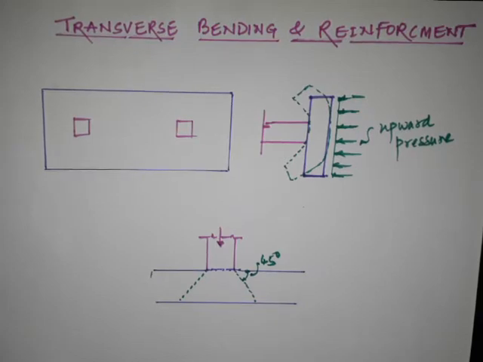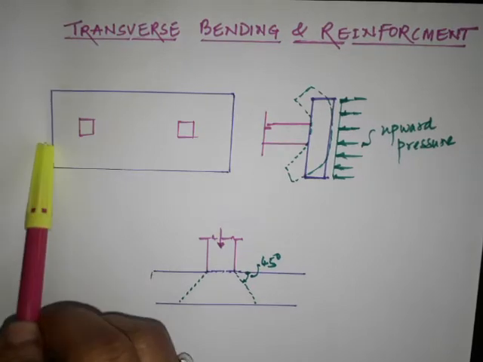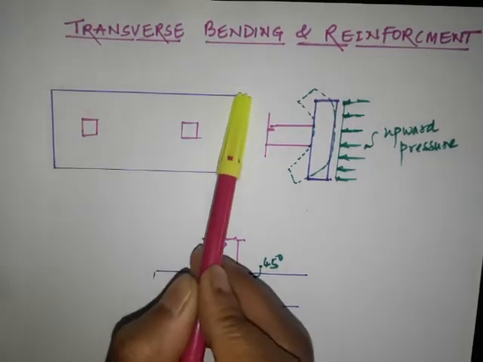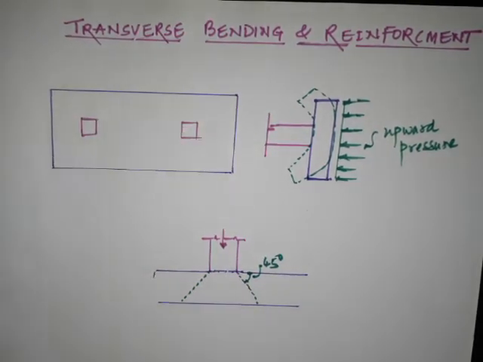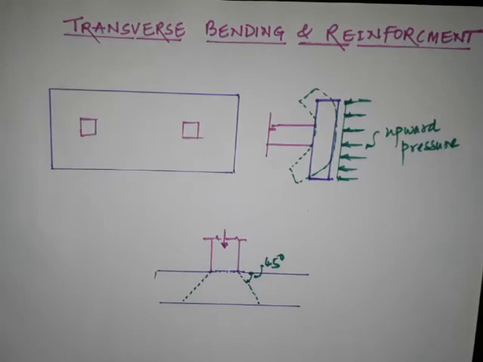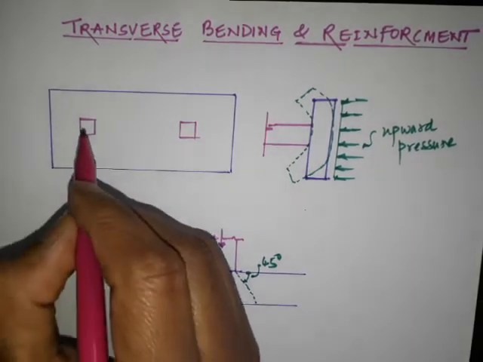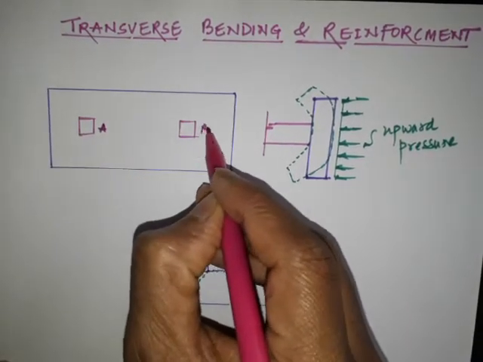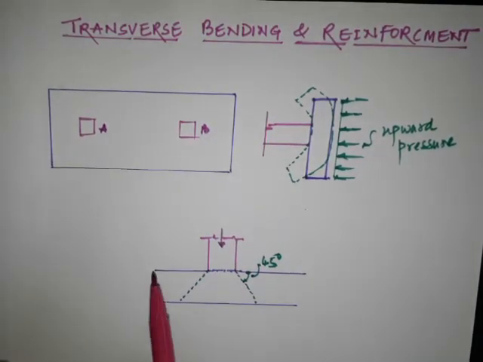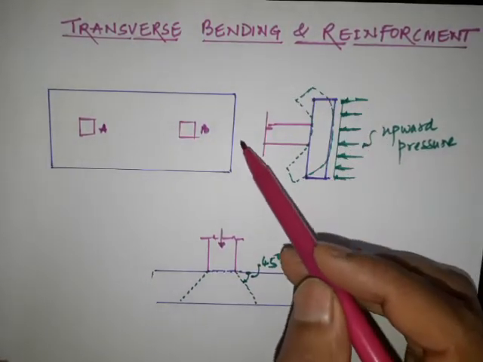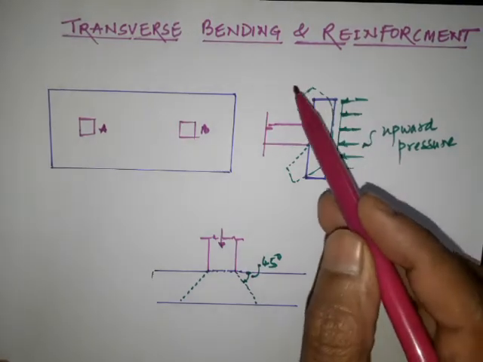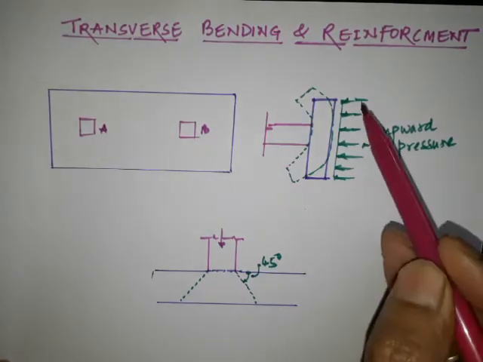Okay, so as I told you, suppose you have the combined footing with two columns, column A and column B. So the transverse bending, the behavior of the bending in the transverse direction, we can see here.